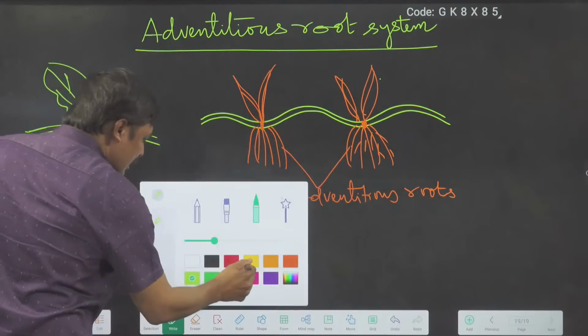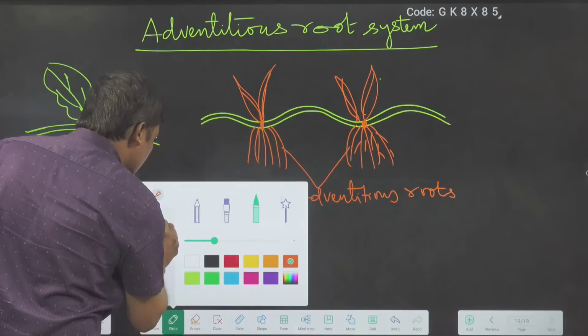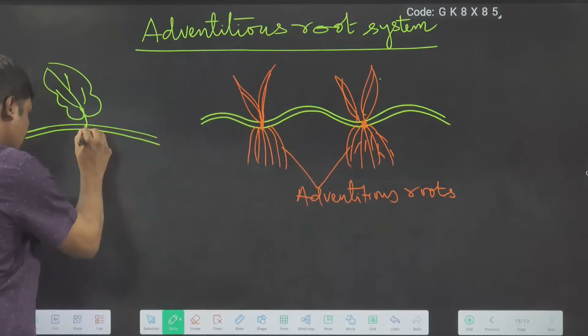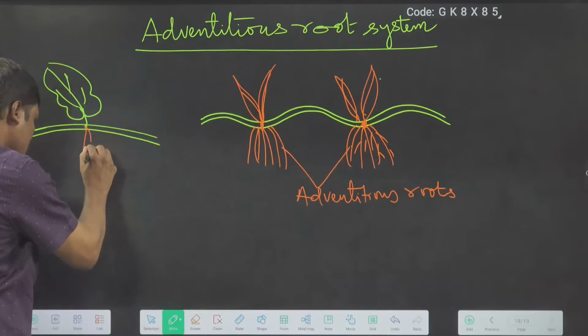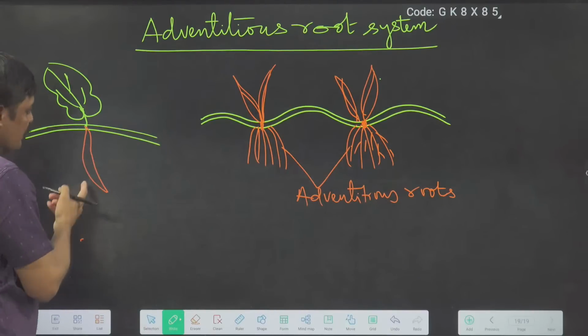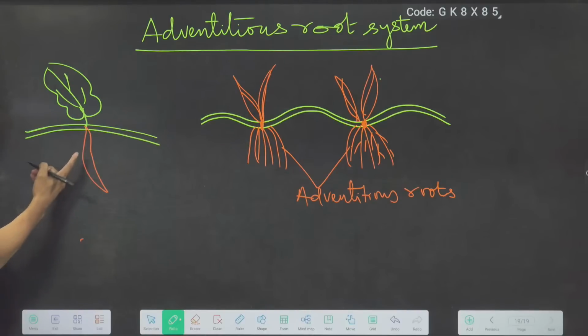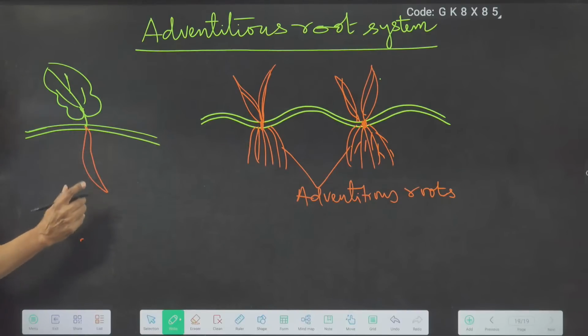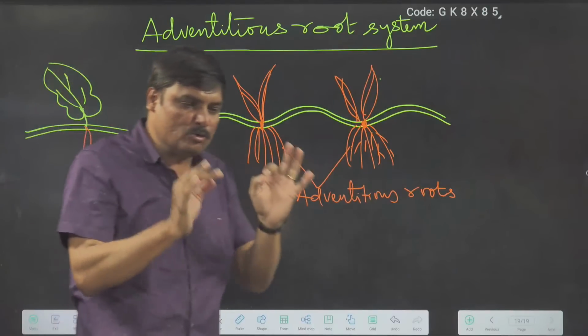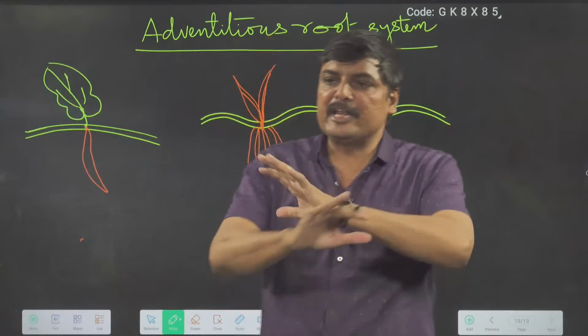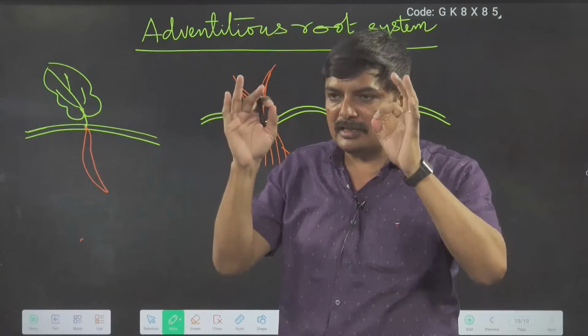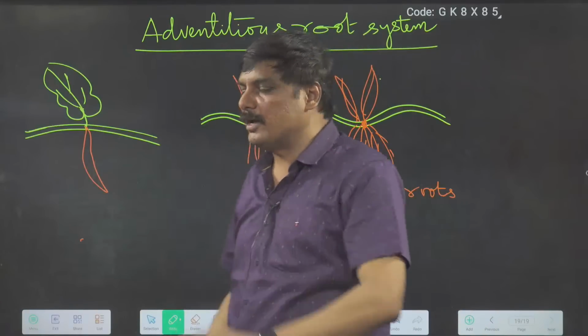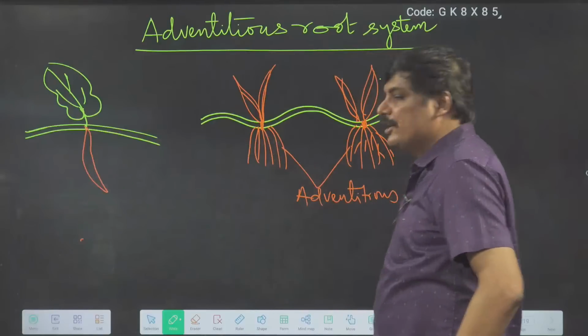And a single root may also be present here. Sometimes it may be tuberous as well. Single tuberous root may be present. So it is not formed from the radicle. You can say that any root arising from any part of the plant body other than the radicle, you can call it as adventitious roots.